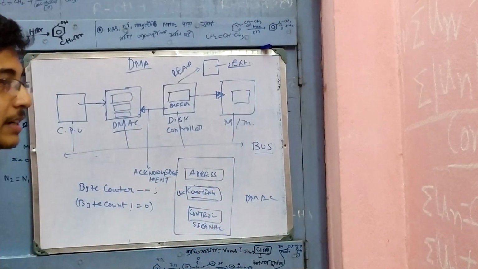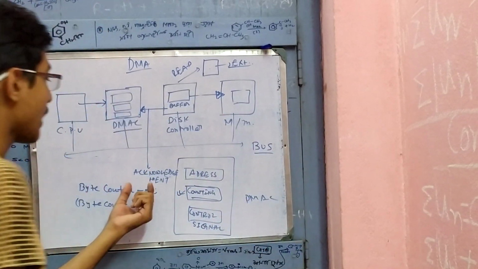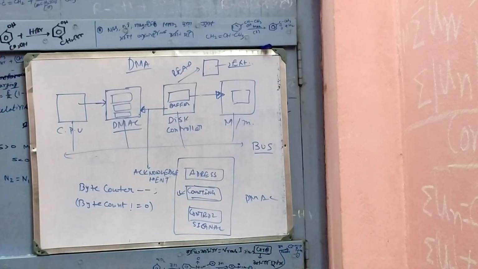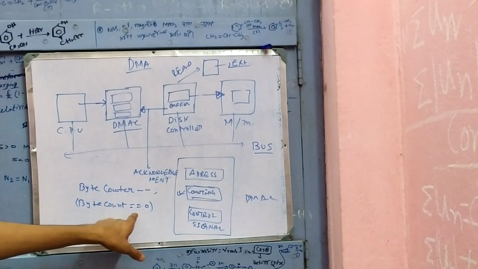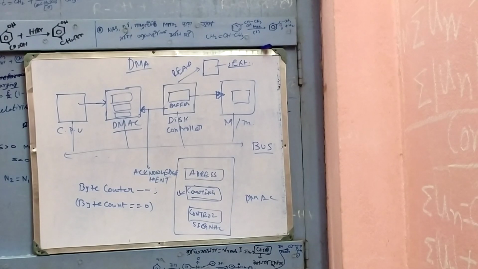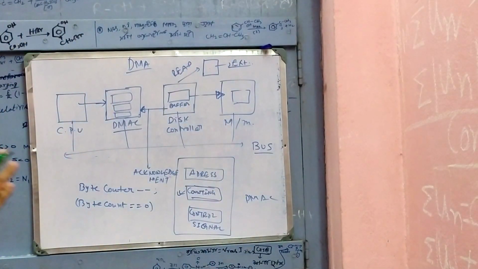Then the counter decreases, we check again, and after some time, as it is decrementing, the condition will be satisfied that the byte counter equals 0. That means the data we had to copy from the external device to memory is done. How will the computer know?